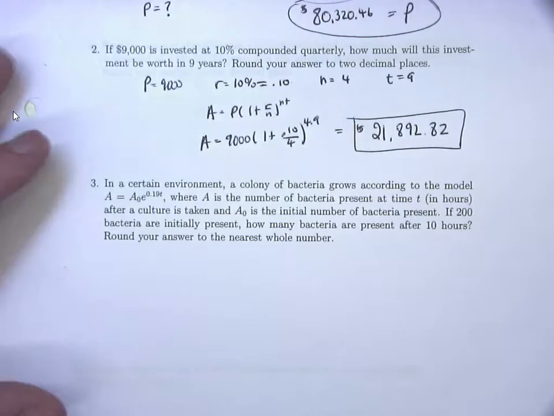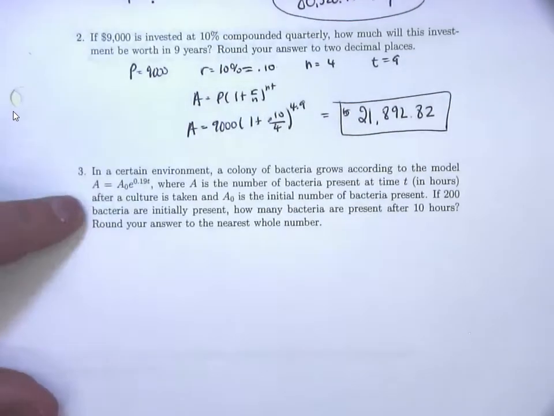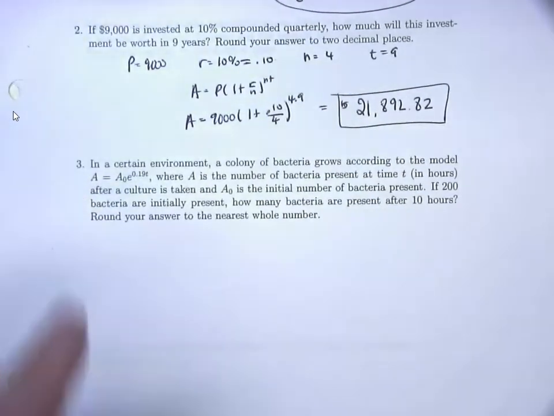So, all right, take a look at this problem. Here, we got 3 minutes. Hold on, people. In a certain environment, a colony of bacteria grows according to the model A equals A0 e to the 0.19t, where A is the number of bacteria present in time t in hours after a culture is taken, and A0 is the initial number of bacteria.